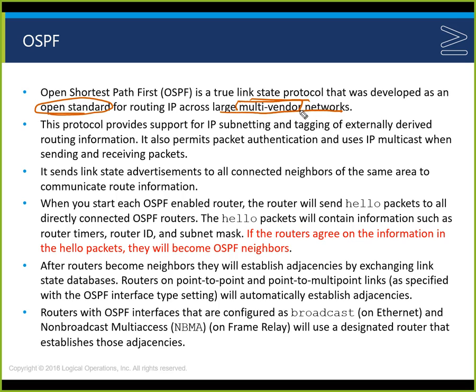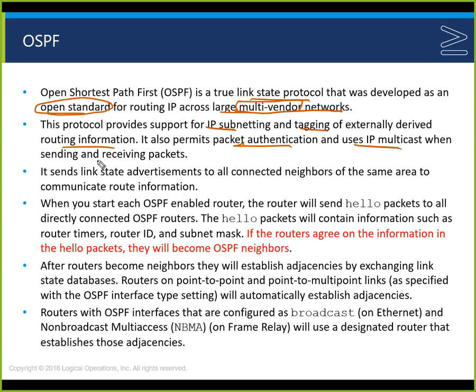Multi-vendor here being some of the key words, which means that if we have Cisco and whoever else, OSPF is going to be the protocol that you have to use if you're going to use a link state protocol. Provides support for IP subnetting, tagging of externally derived routing information, permits packet authentication, so we can use authentication so that we don't have somebody put a rogue router in our network.